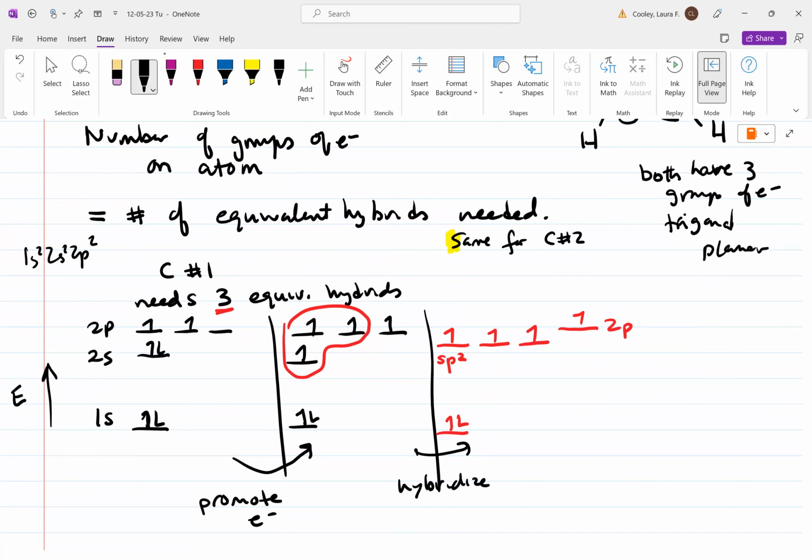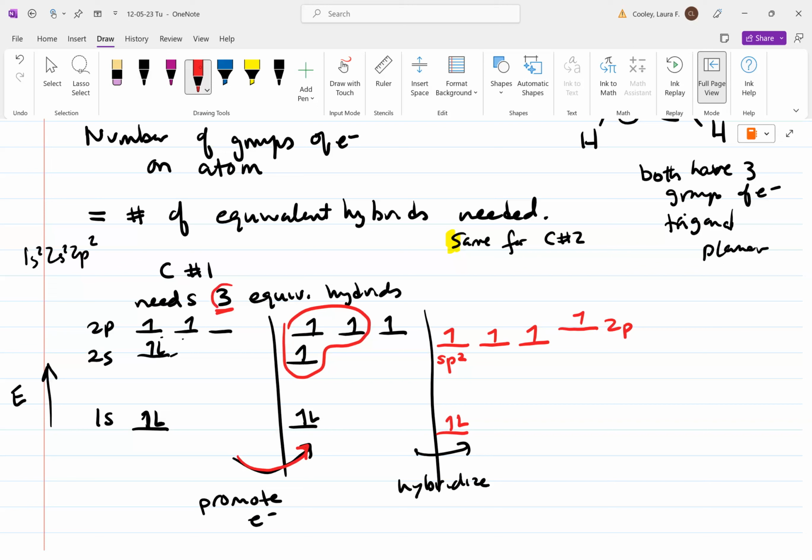So here's 2 in the 1s, 2 in the 2s, 2 in the 2p. Unfortunately, we need half-filled orbitals to do overlaps. So what we do with carbon is we promote an electron. We basically excite a 2s electron to the 2p so that we have 4 half-filled orbitals.